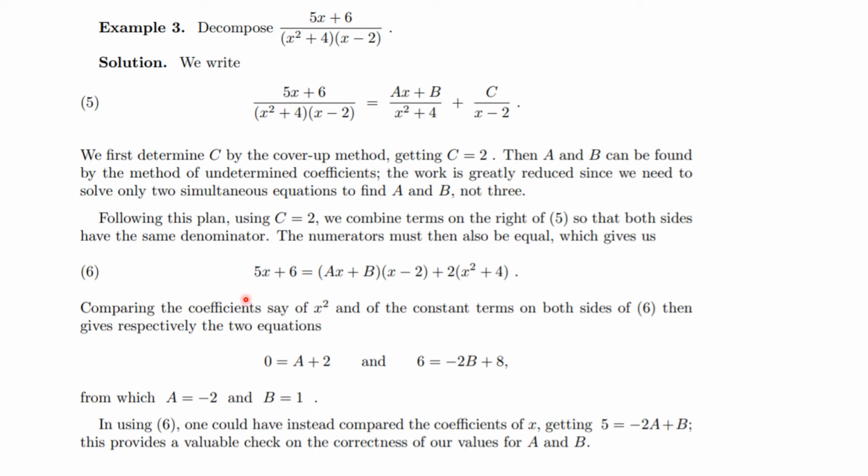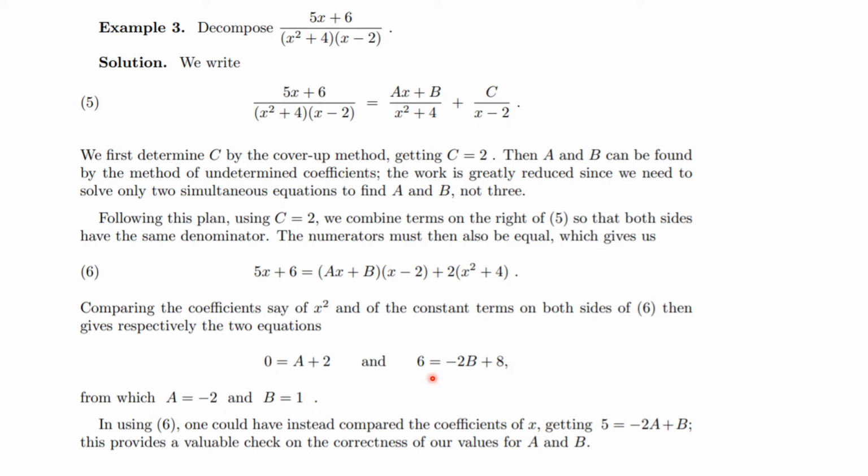So we distribute and we compare coefficients. So what we'll see when we multiply this is that the coefficient of x² is going to be A + 2. But there is no x² here, so that means that A + 2 must equal 0.